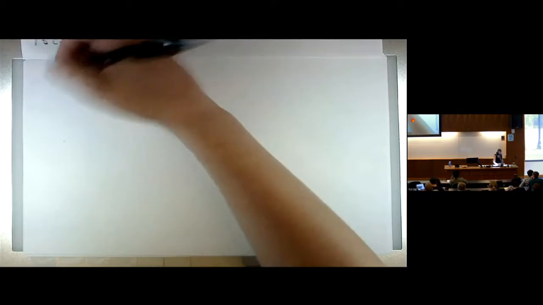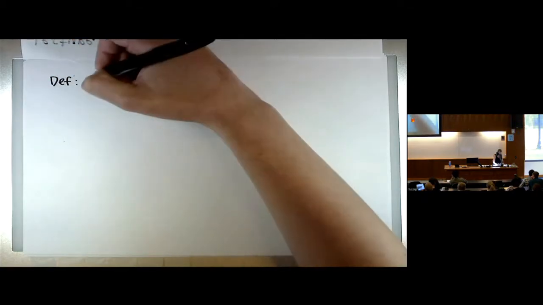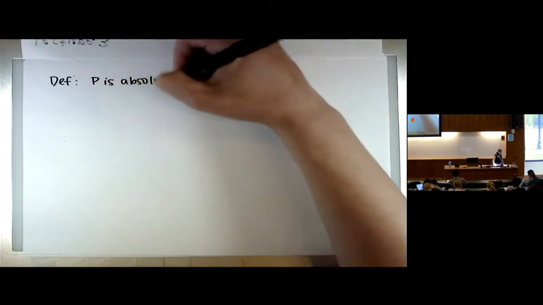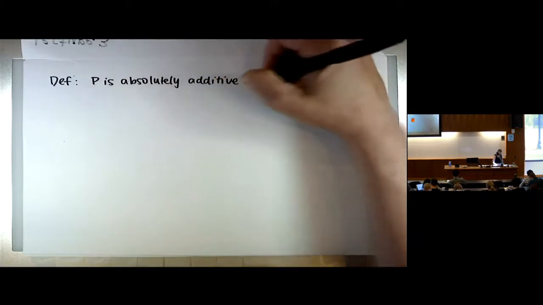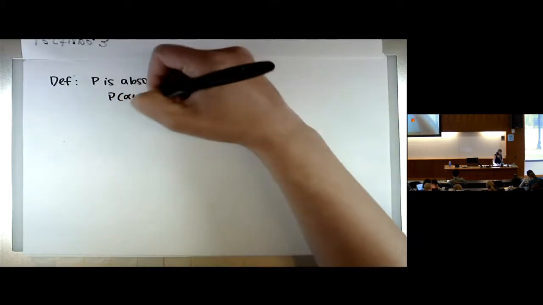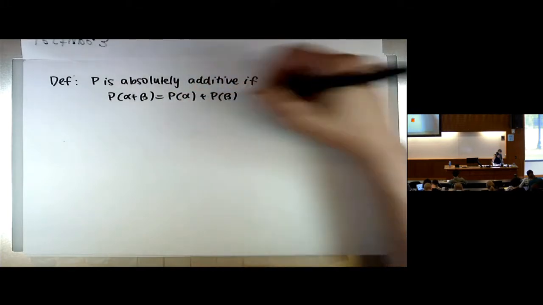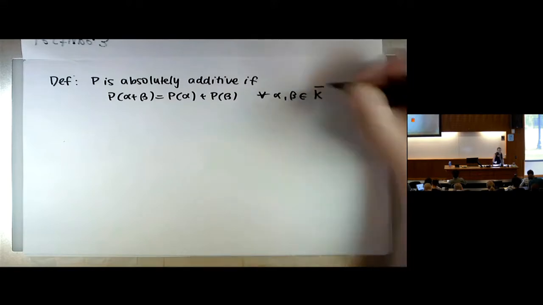But maybe a better definition is P is absolutely additive if same equation, P of alpha plus beta is P of alpha plus P of beta, but now you say for all alpha and beta in the algebraic closure of the field.